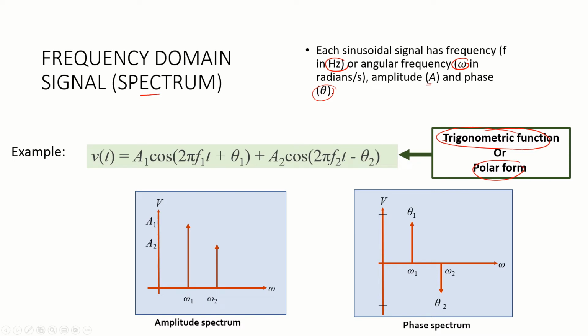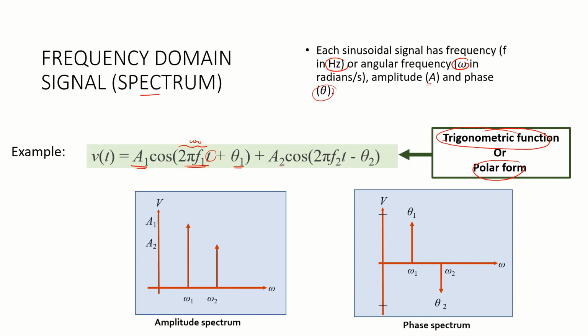Now let's look into this equation in detail. The first term is known as the amplitude. Whatever is inside the bracket, where there is a t inside, is known as omega, and this is the phase form.